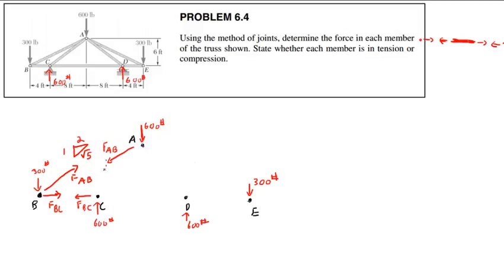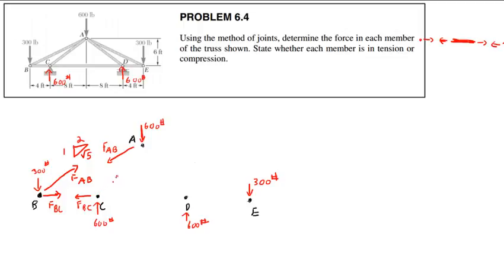That applies to FAB here. Because the overall horizontal length of member AB is 12 feet. The height is 6 feet. So that is a 1 to 2 ratio, and we get root 5 for the hypotenuse. So we have a force triangle, which we'll use in lieu of doing sine, cosine, tangent, etc.